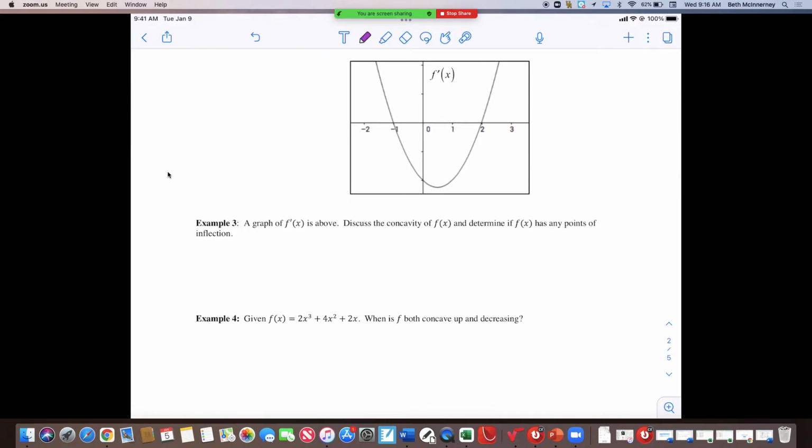If you haven't already, discuss at your table. Where is it concave up, concave down, and any points of inflection?